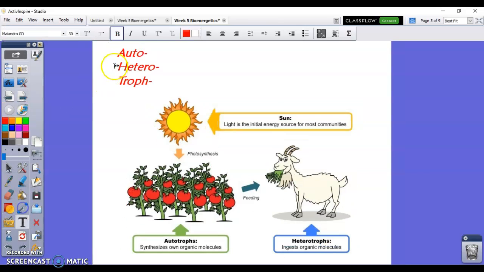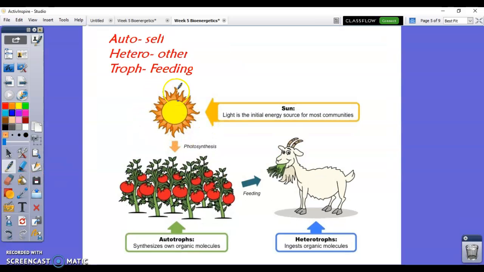Well, auto means self, and hetero means other. The term troph means feeding. So an autotroph is something that is self-feeding, and a heterotroph is an other feeder. We already mentioned that everything starts with the sun, our light energy source for photosynthesis. Photosynthesis helps these autotrophs capture the sunlight and make organic molecules like glucose.